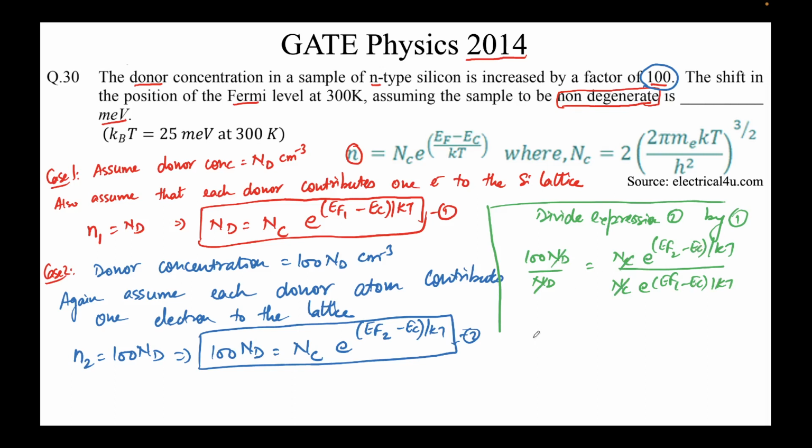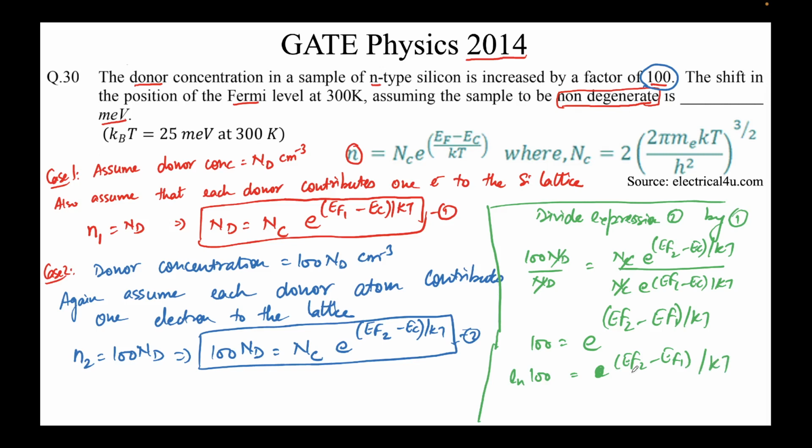So what I get is 100 equal to exponential of (EF2 minus EF1) over kT. Now simply taking natural log on both sides, I'll get ln 100 equal to (EF2 minus EF1) over kT.